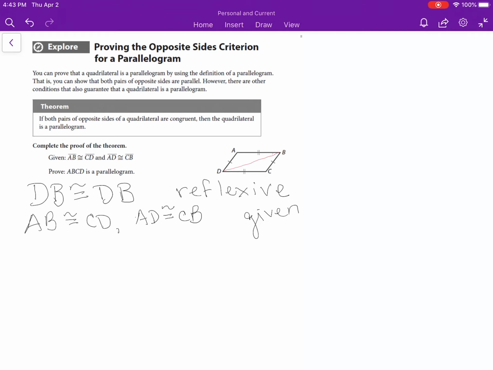So I'm going to go ahead and write that down, that I know that triangle ABD is congruent to triangle CBD by side, side, side triangle congruence.